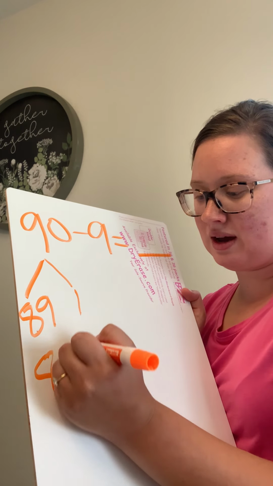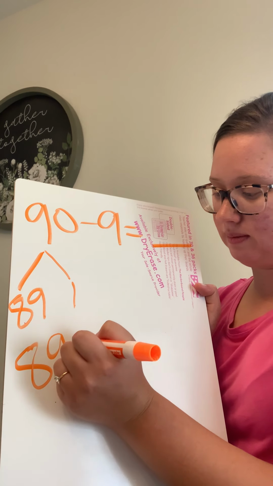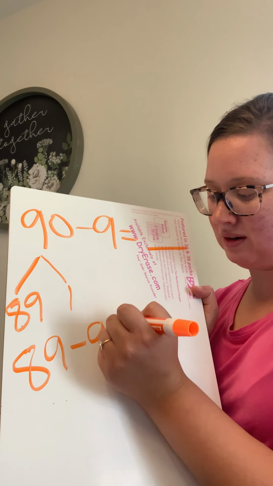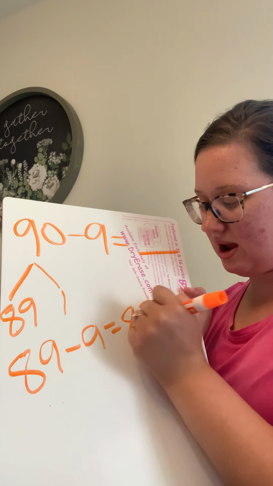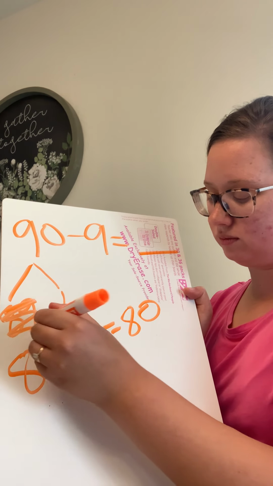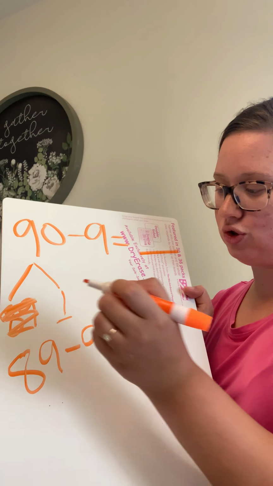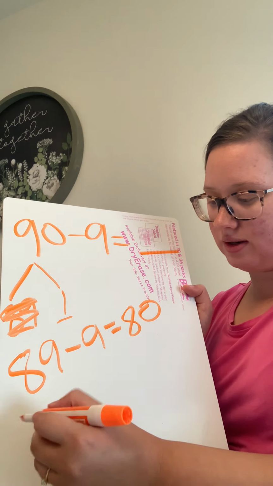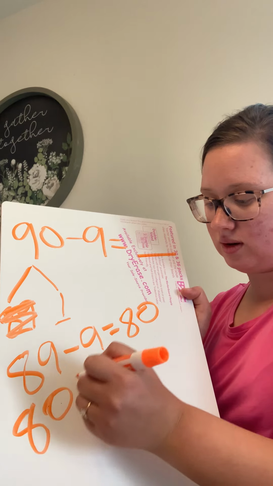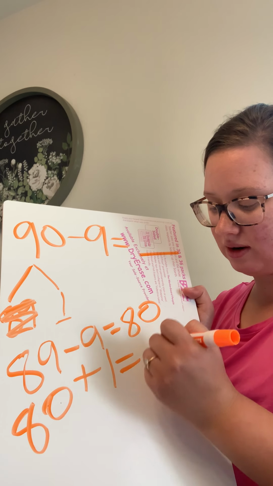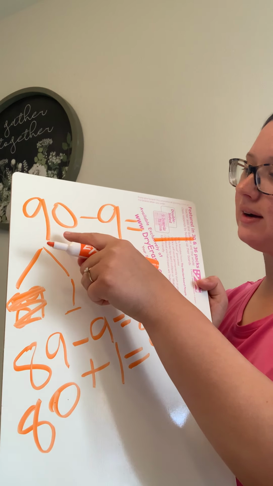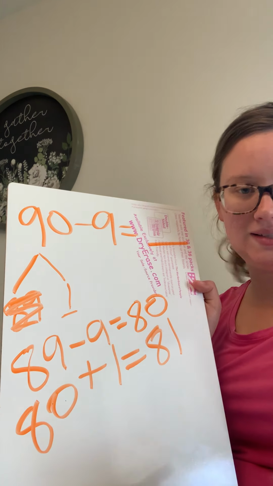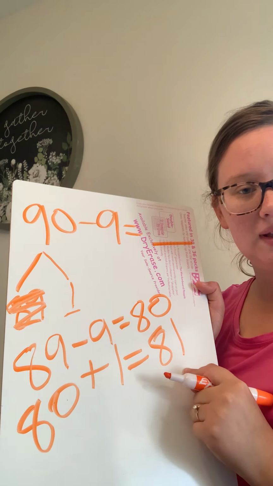So 89 minus 9 equals, 9 minus 9 equals 0. So 80, and then I need to just join this 1. So 80 plus 1 equals 81. So my answer of 90 minus 9 is 81.